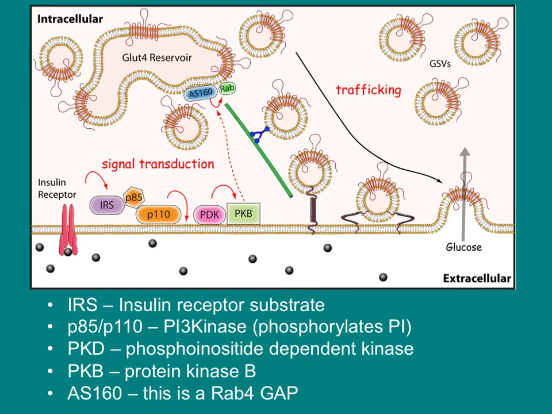That brings the vesicle to the plasma membrane. What's this? GLUT4. And now, Courtney, what's that? A snare.